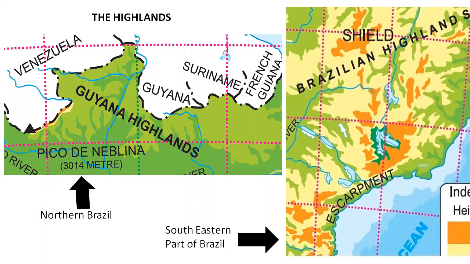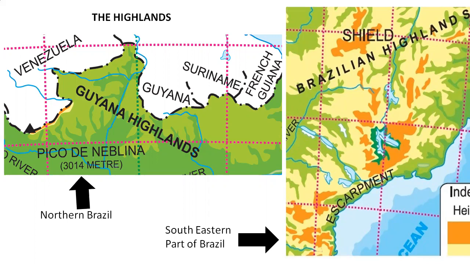The other highland is found in the southeast of Brazil, and they are the Brazilian highlands. They are also called the Brazilian plateau or the Brazilian shield because they have never been submerged under sea.